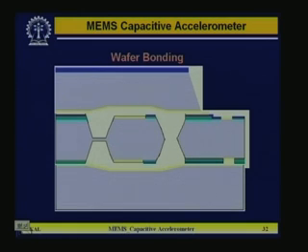Now we will discuss another inertial sensor, that is the gyro sensor. We covered two case studies: one is the piezoresistive accelerometer, the second was the capacitive accelerometer, with certain goals, how we designed it, and after design how we fabricate also, that we discussed in both cases.